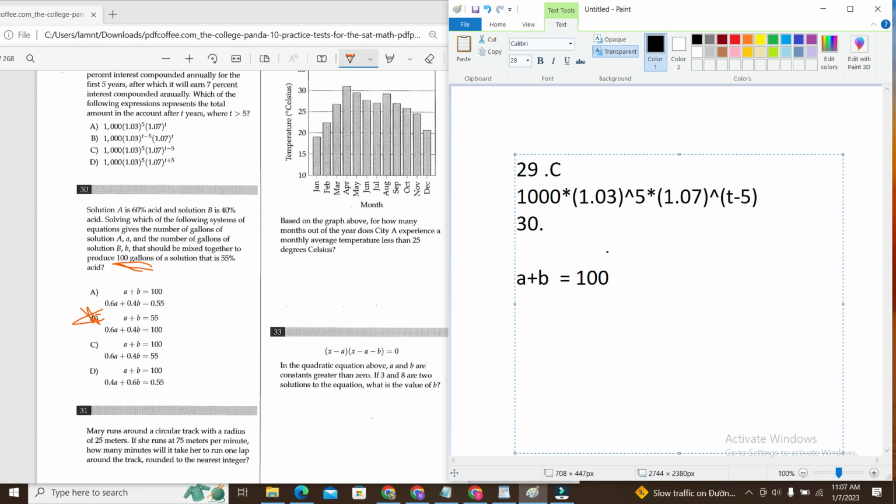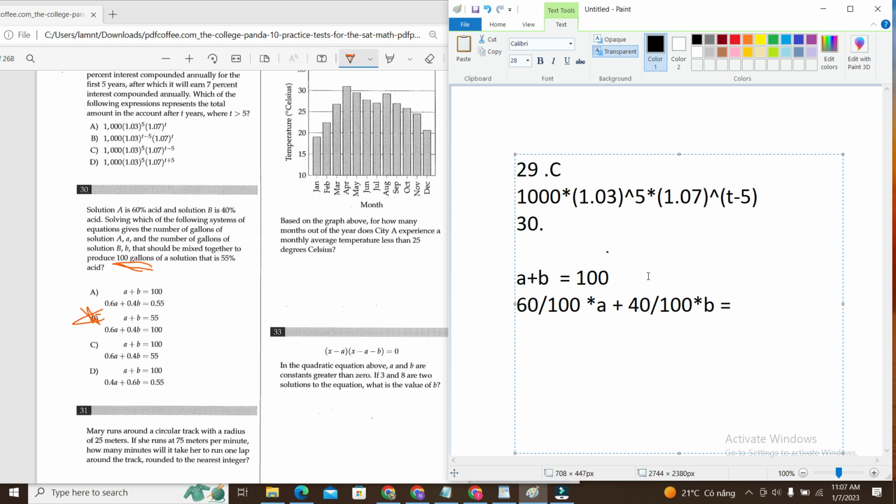Now, in solution A, the amount of acid inside is 60% of A. Same thing with B: B is 40% acid, so it's 40% times B. This is the amount of acid inside the solution. But the solution is how much?